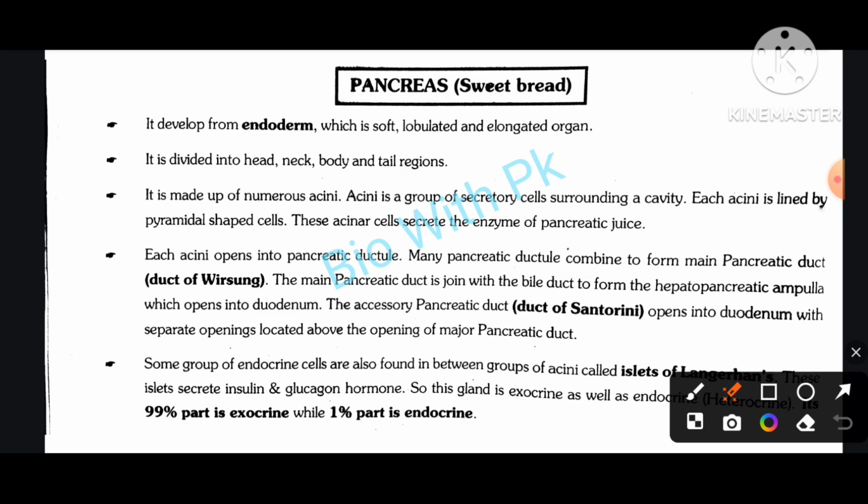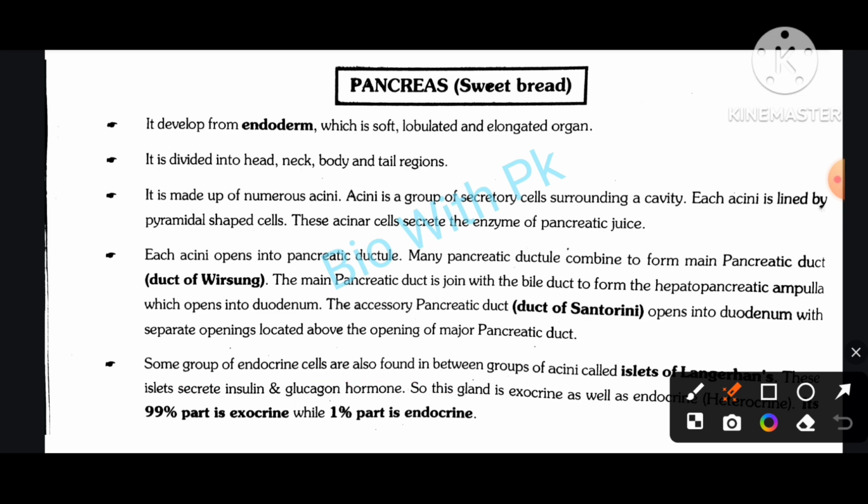Many pancreatic ducts combine to form the main pancreatic duct of Wirsung. The main pancreatic duct is joined with the bile duct to form the hepatopancreatic ampulla, which opens into the duodenum. The accessory pancreatic duct of Santorini opens into the duodenum with a separate opening located above the opening of the major pancreatic duct.